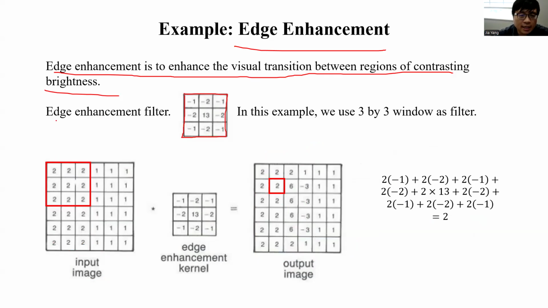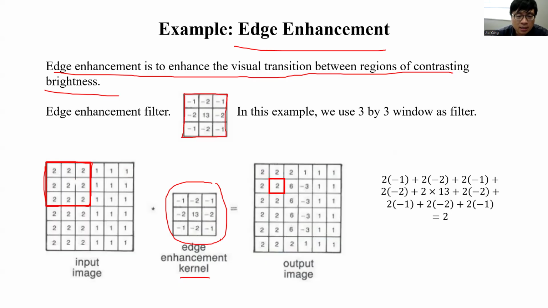Now, let's take a look at our 3x3 moving window. If we apply the moving window here, we are going to do the calculation for the 9 pixels. All the pixel values in these 9 pixels are 2. Here's our moving window, or sometimes you can call it a kernel, or a moving window kernel.